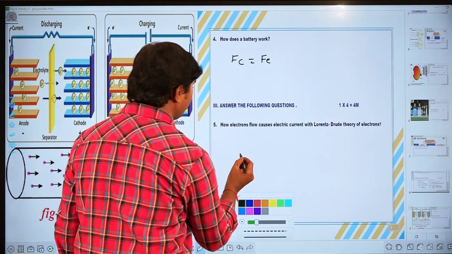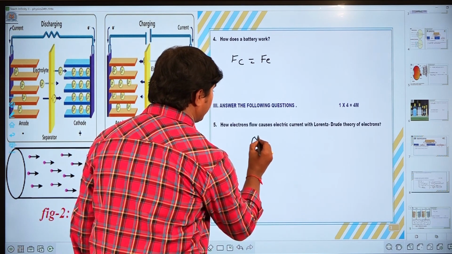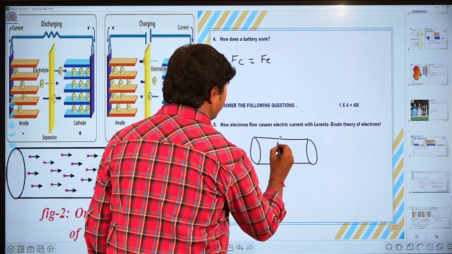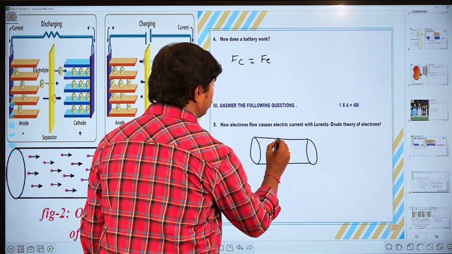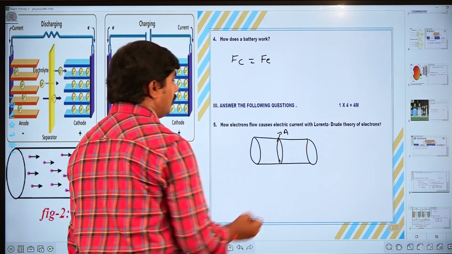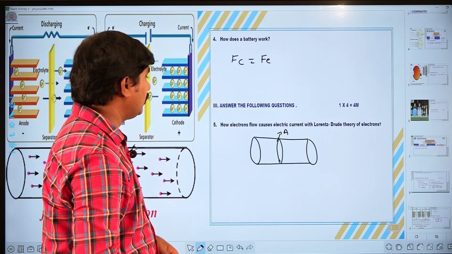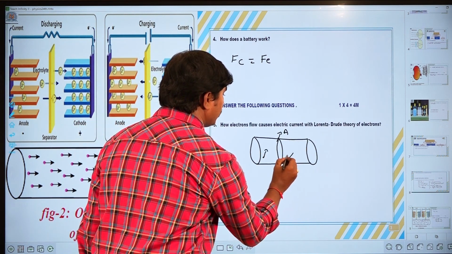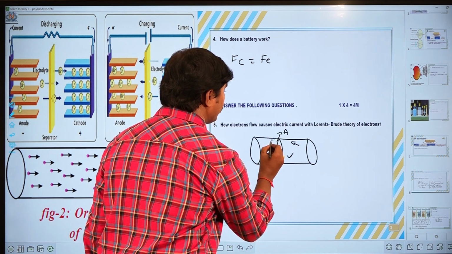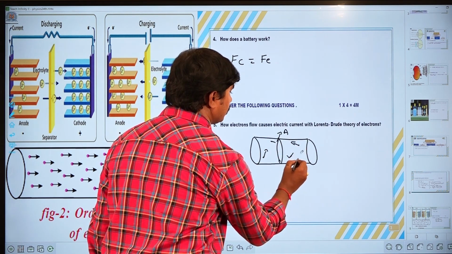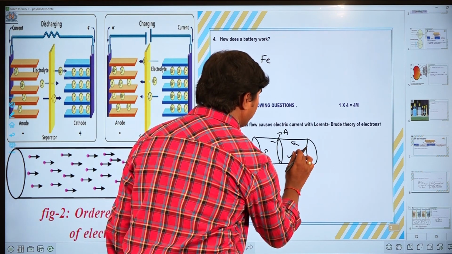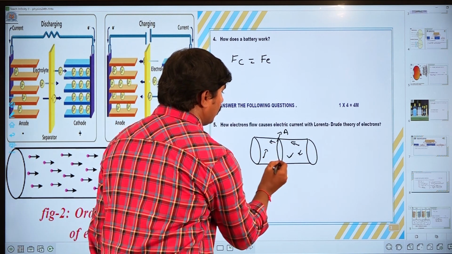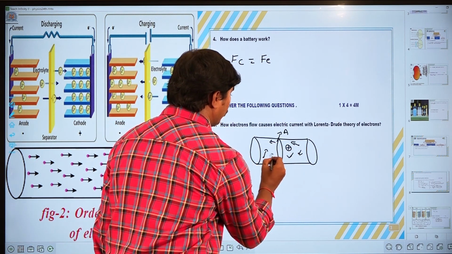First, they took one open circuit, with this area of cross section. In every metal, like any conductor, the free electrons move in different directions randomly.